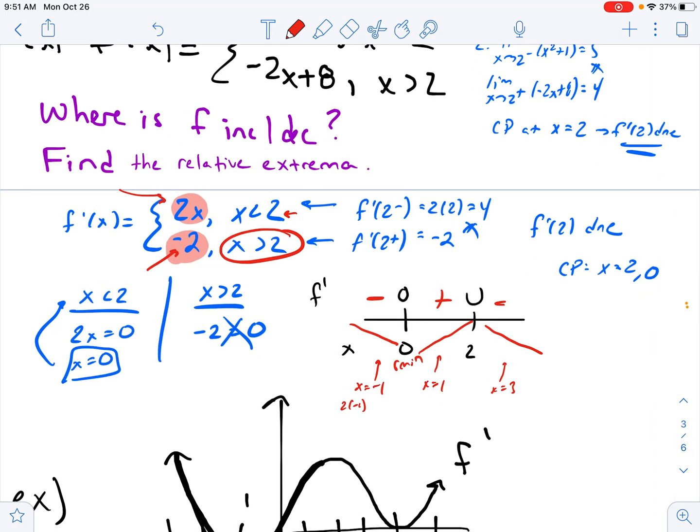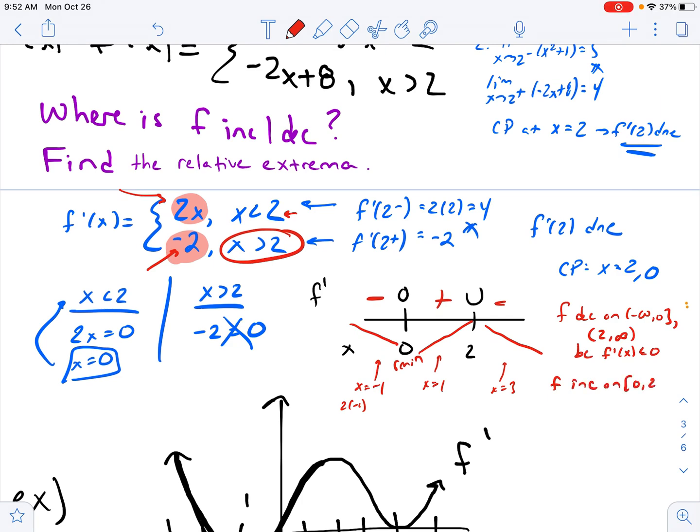And we're decreasing again. Okay, so we can say where f is increasing and decreasing. F is decreasing from negative infinity up to and including 0, and again from 2 to infinity, because f prime of x is less than or equal to 0 there.